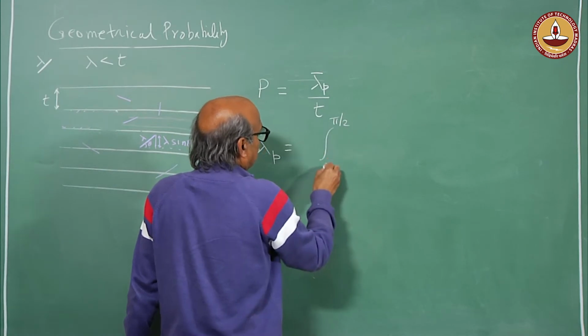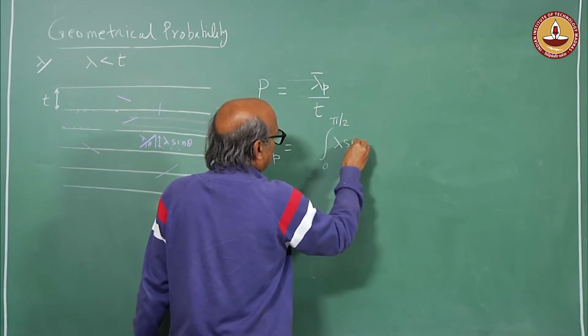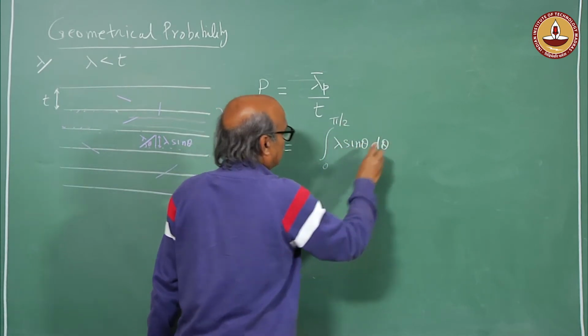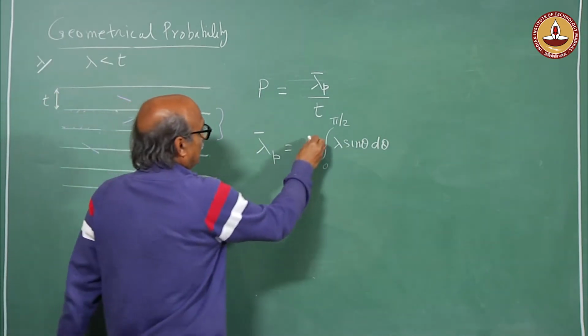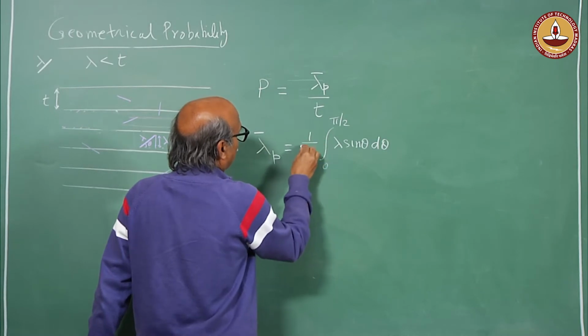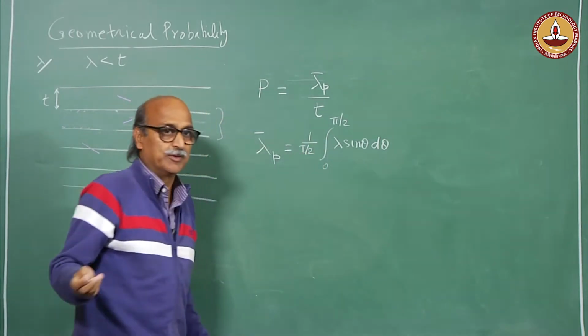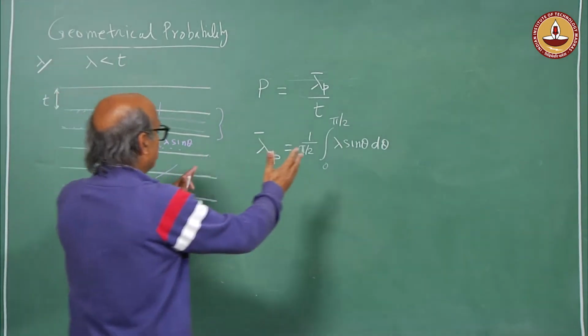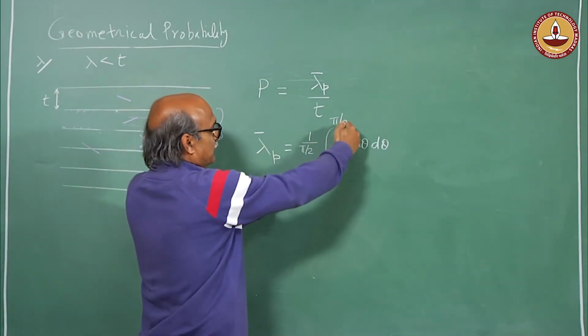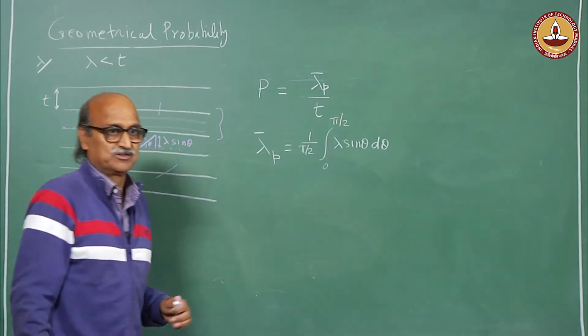So, 0 to pi by 2 lambda sin theta d theta, but I have to take an average value. An average value of this would be 1 upon pi by 2. This will give me the average projected length. I have summed it over and divided by the difference between the integration limits.